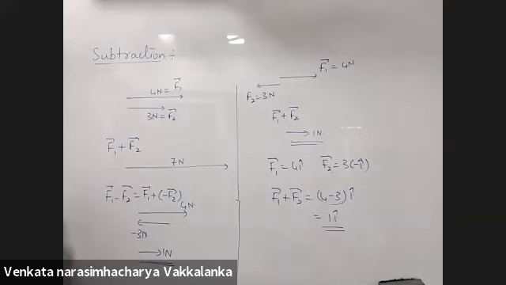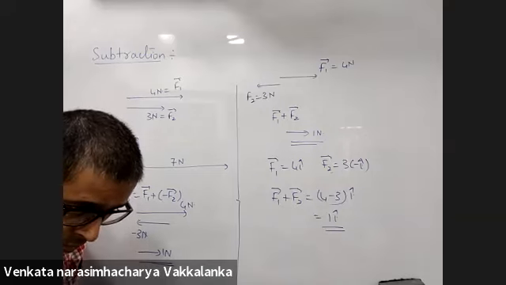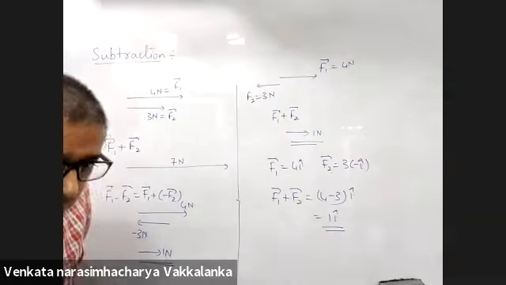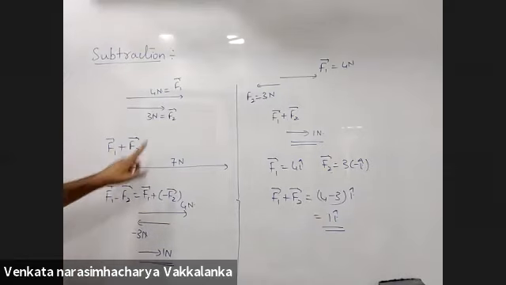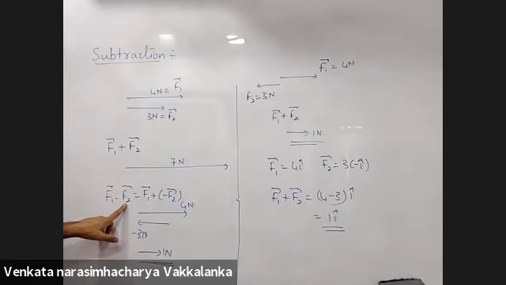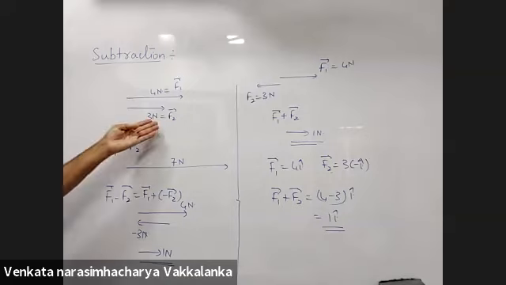Sir, in there, on the left hand side, why did you write minus 3? Because you asked for F1 minus F2. But sir, this should be 3. So sir, then 4 minus 3 will happen. No, else 4 minus minus 3 can be 7. Here both are in the same direction.